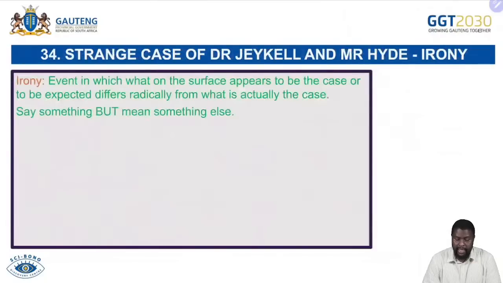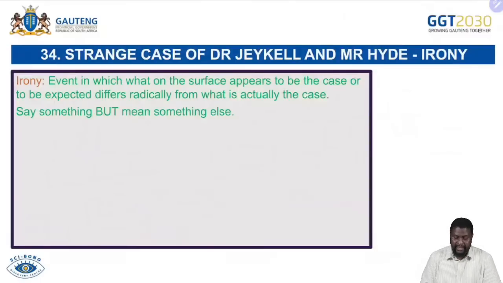Irony is an event in which what on the surface appears to be the case or is expected differs radically from what actually is the case. Consider the novel as a whole and explain the irony of Dr. Jekyll's belief that Mr. Hyde will disappear whenever he wants him to disappear. So the opposite of what is expected happens.